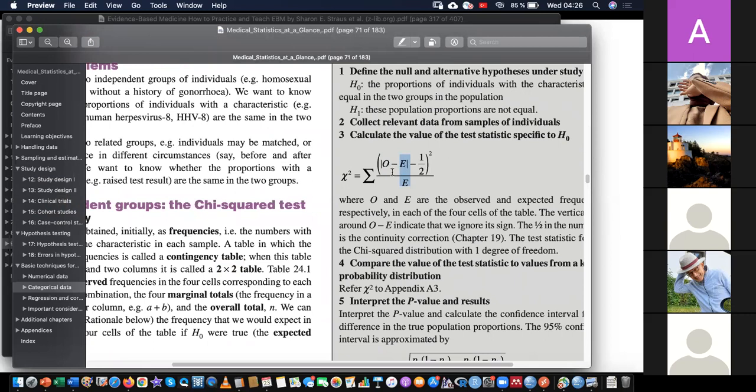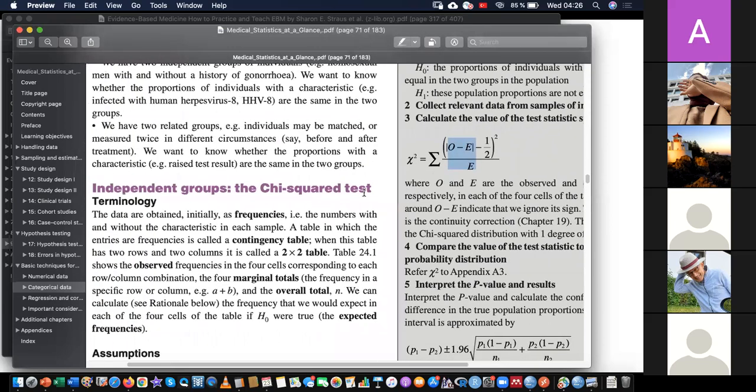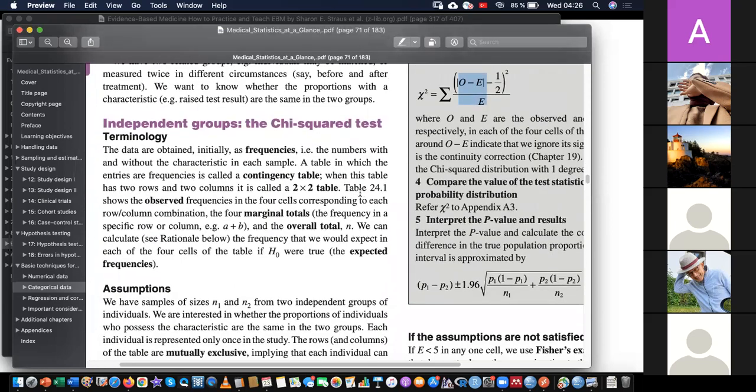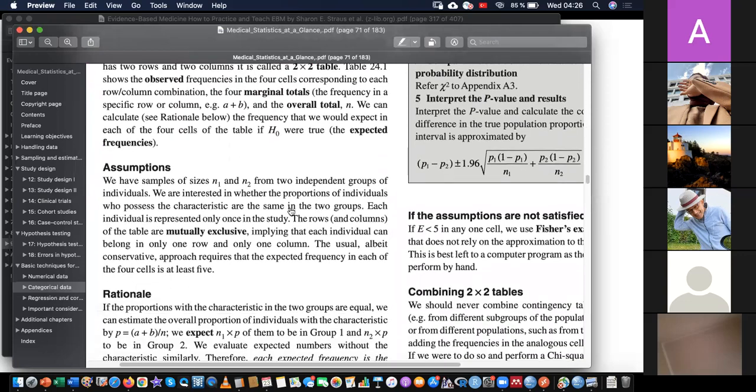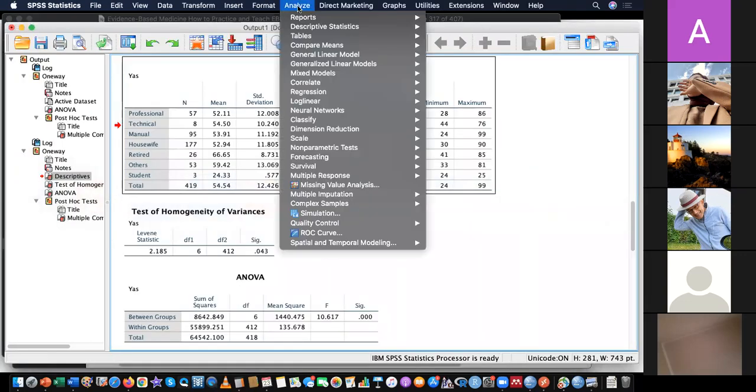It doesn't make much difference. Important is that you remember it is based on the observed minus expected, squared, divided by expected values. So observed and expected values make the chi-square. I will do an SPSS example to show you.